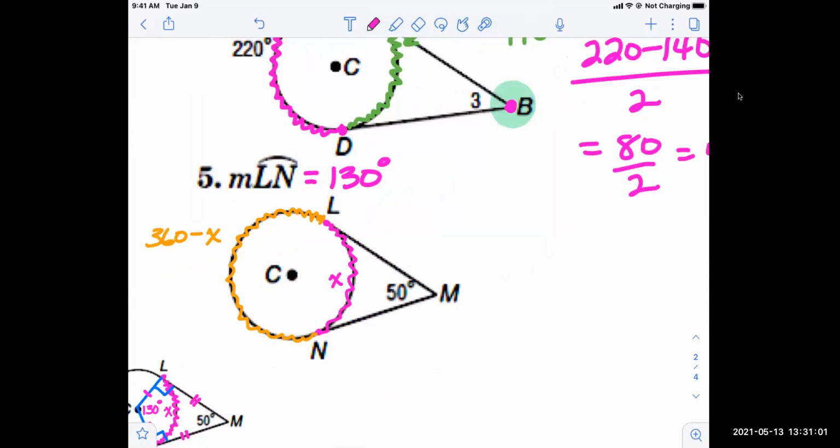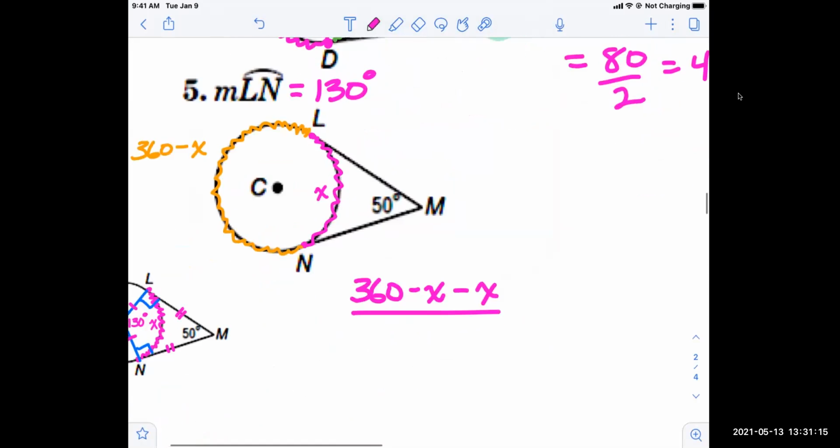What's it going to look like? Equals 50, equals the angle, right?